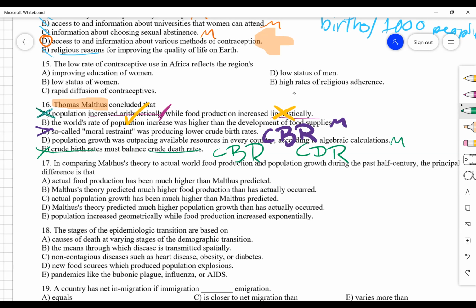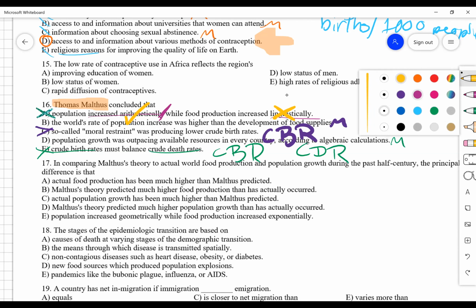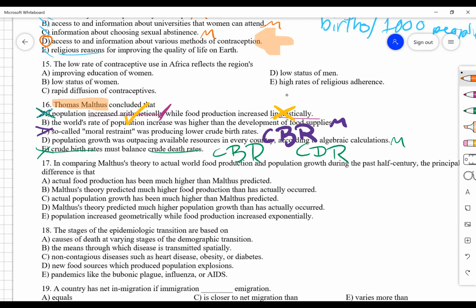So now it's just between B and D. And basically our deciding factor is which one is more correct? Because they could both be okay, but they're not both correct. So the issue here is that this says according to algebraic calculations. We don't know algebraic calculations.